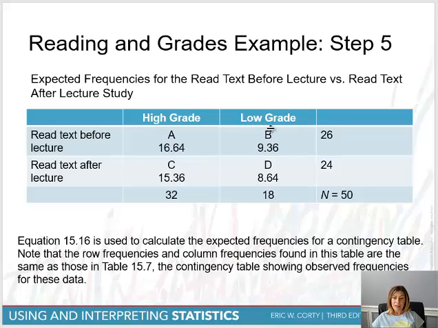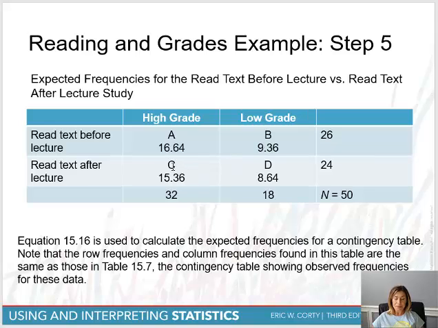For cell B, we have a row frequency of 26 times a column frequency of 18 divided by a total frequency of 50. Again, the expected then is 9.36.